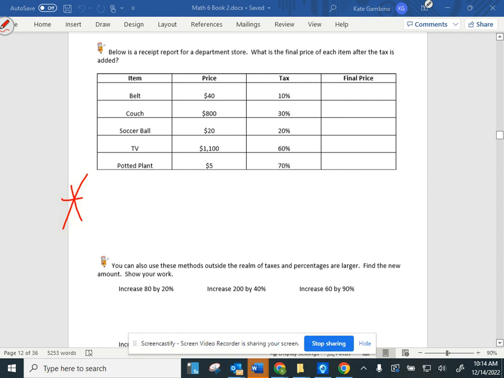But if you are doing that second method, you would say, okay, it's $40. That's my original price times 1 point, and then my percentage. Plug that into the calculator, and I'm going to put the answer right there. That's showing your work. You can do that.